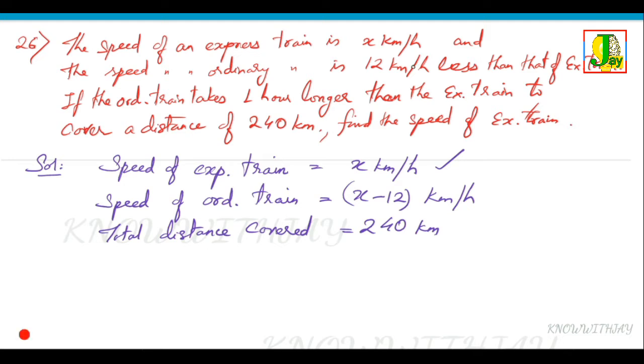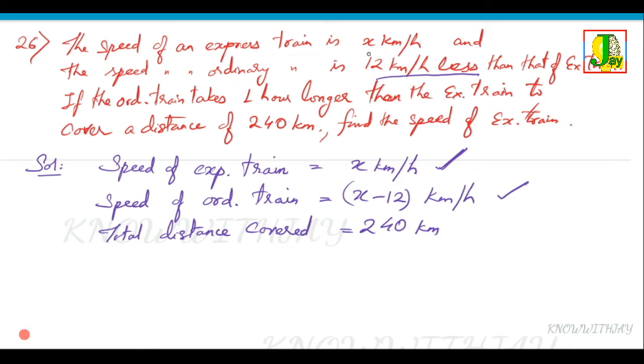So this video is based on problems on speed, time and distance. In this question, the given things are: the speed of the express train, that's x kilometer per hour; the speed of the ordinary train, which travels at a slower speed of x minus 12 kilometer per hour, 12 kilometer per hour less than that of the express train.